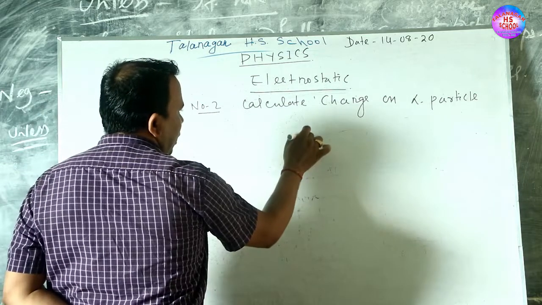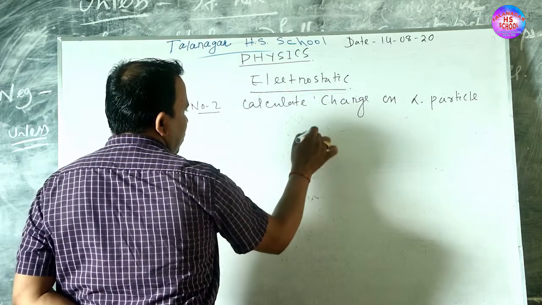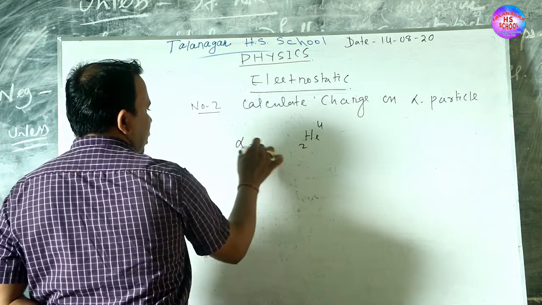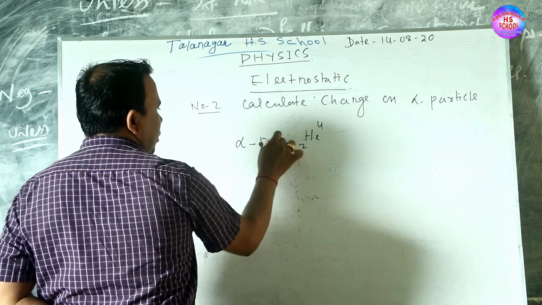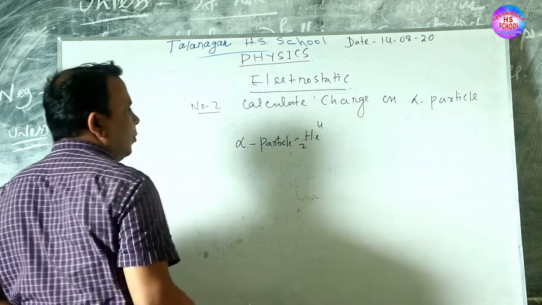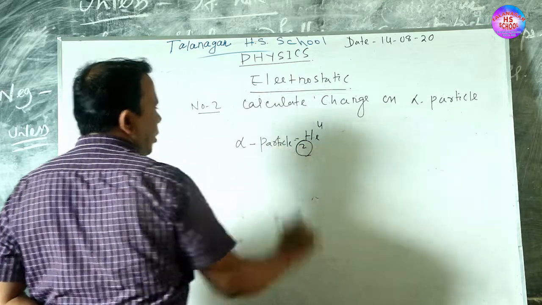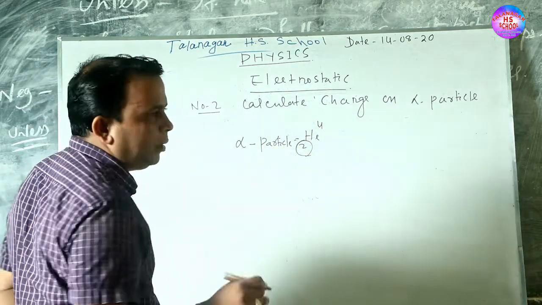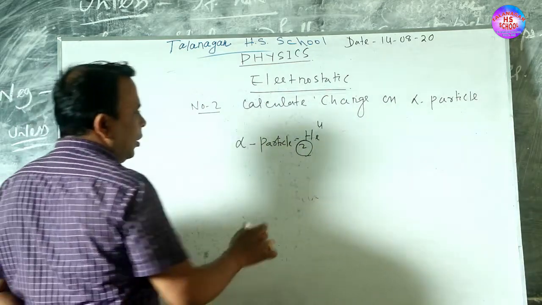Alpha means helium particle, we know. Alpha particle means helium. Helium atomic number is 2, meaning the number of electrons or protons is 2.